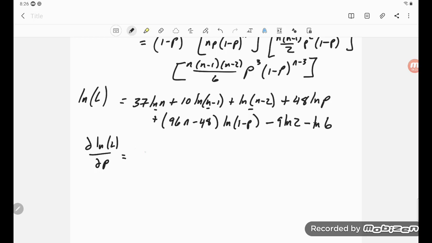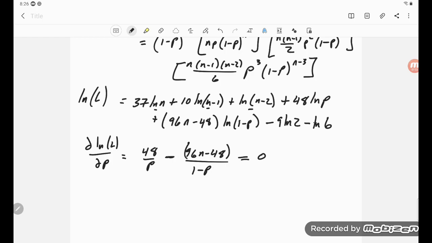But then I get 48 over p, and then minus 96n minus 48 over 1 minus p, because I get the 1 minus p, but then the chain rule says I get a -1. And then the constants, and so that equals 0.